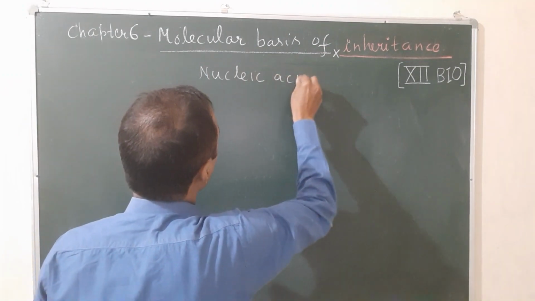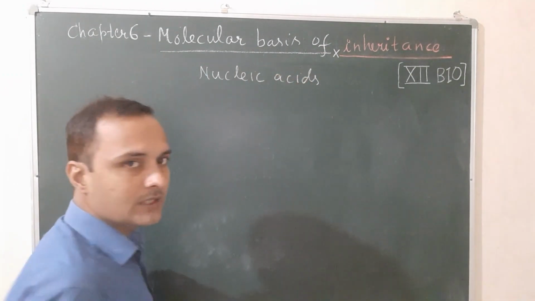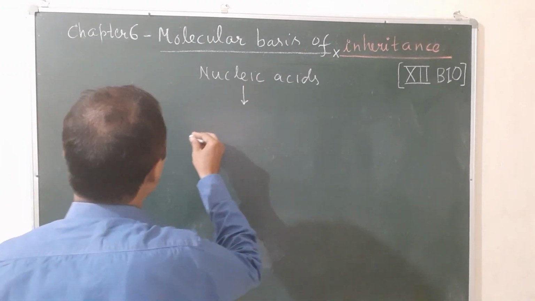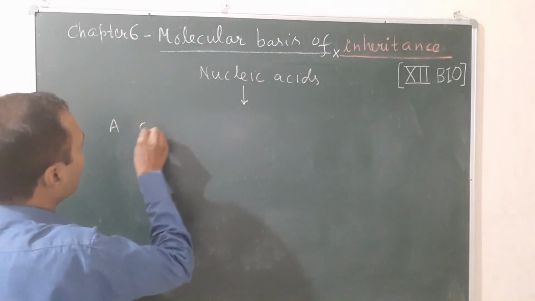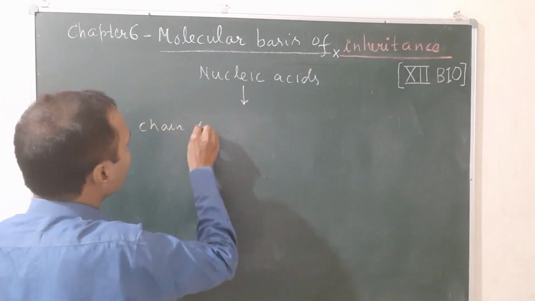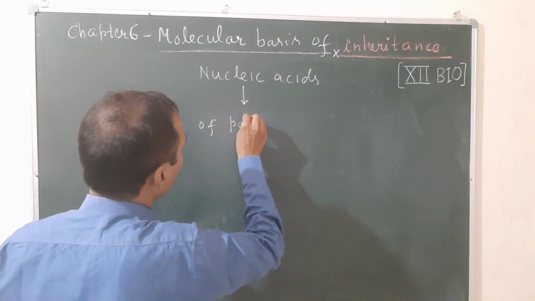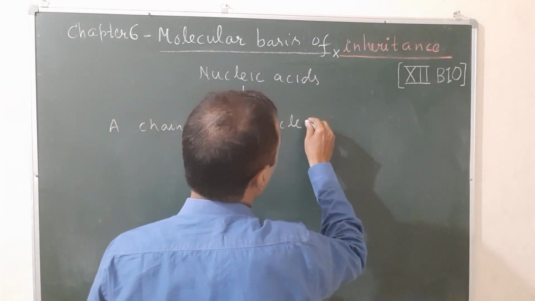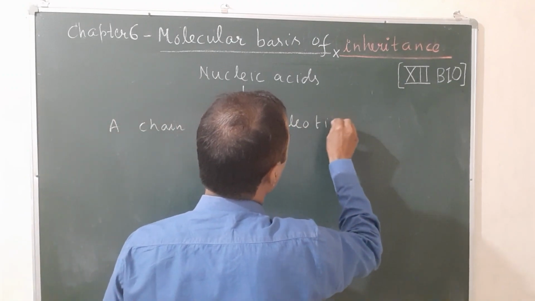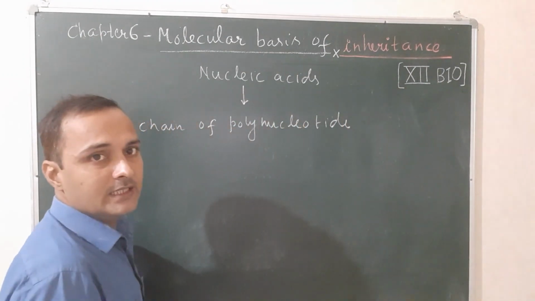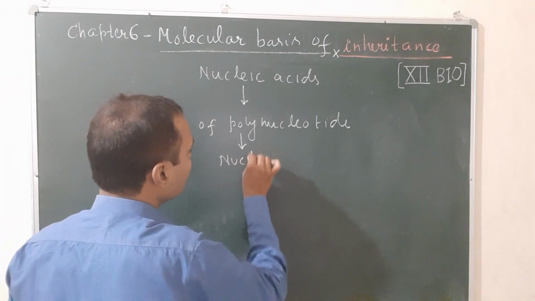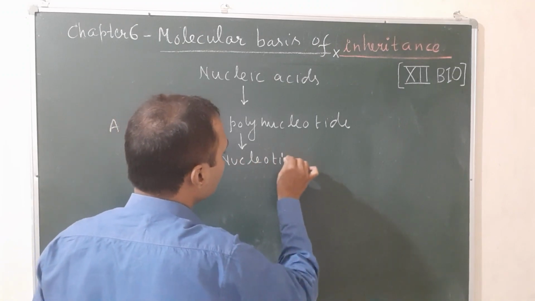Nucleic acids: there are two types, DNA and RNA. The nucleic acid is a chain of polynucleotide, and this polynucleotide consists of nucleotides.